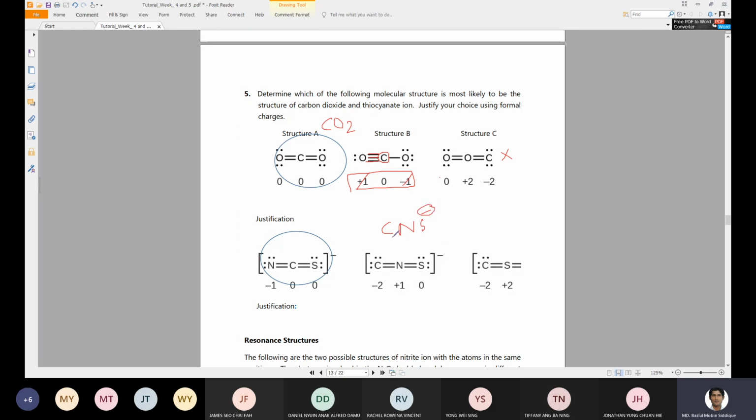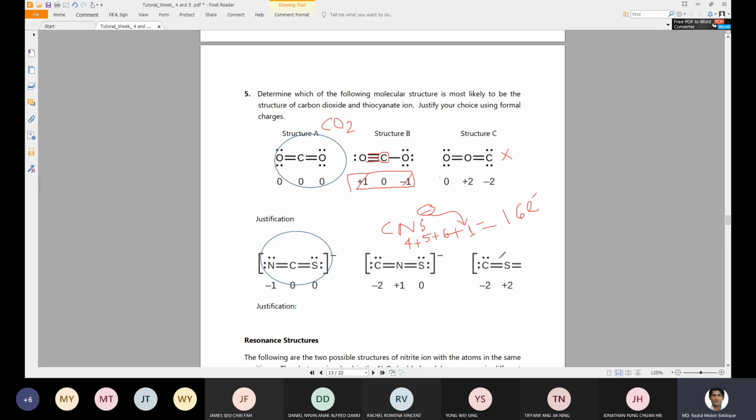The total valence electrons: 4 for carbon, nitrogen will have 5, plus sulfur is 6, plus 1 extra electron coming here. All right, so altogether, what is it, 10, 16? So 16 electrons. We have to count all the time that there are 16 electrons.